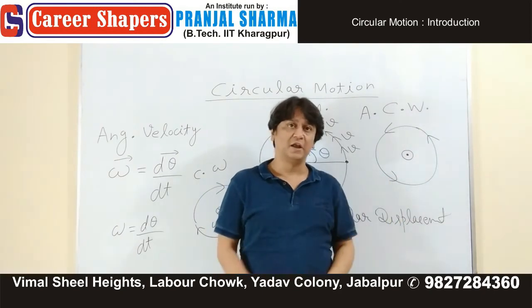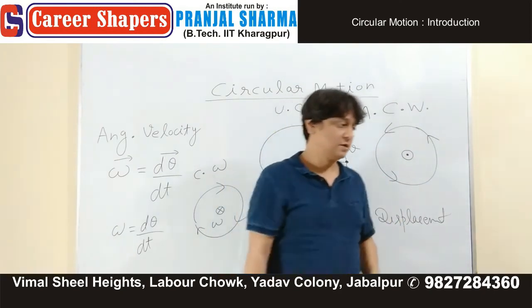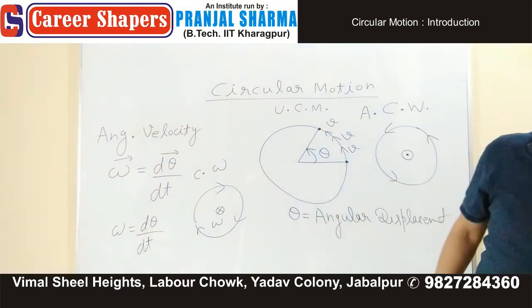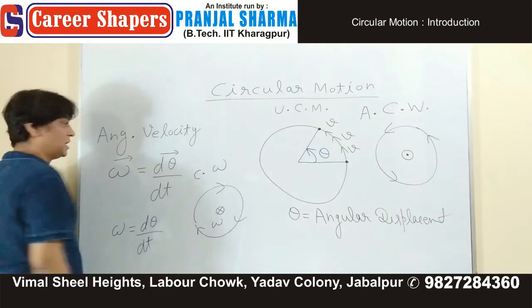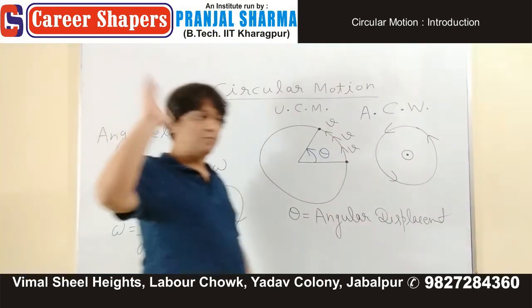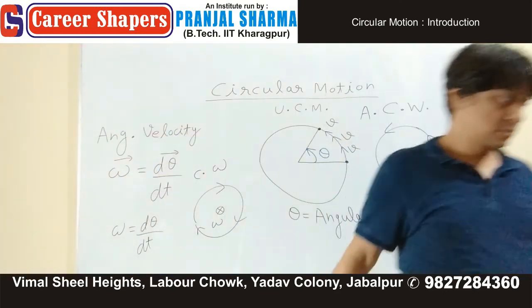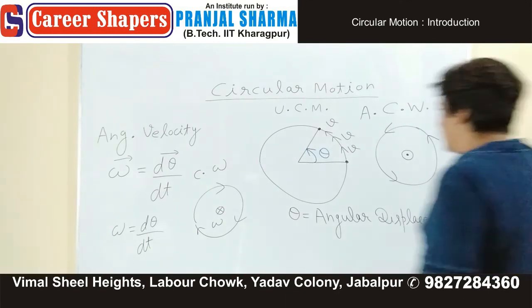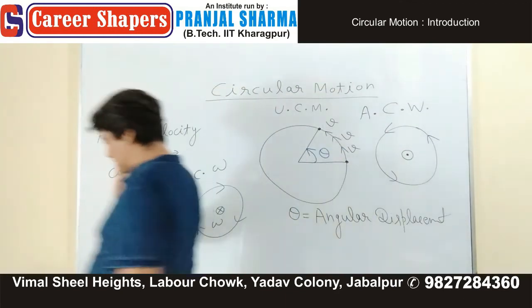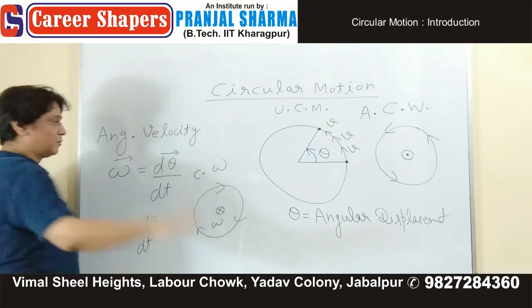What did we define? Write down that. Direction of angular velocity is decided with the help of the right hand.